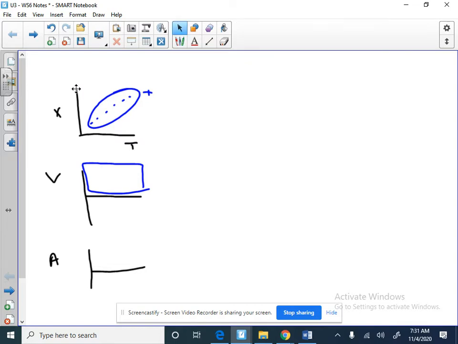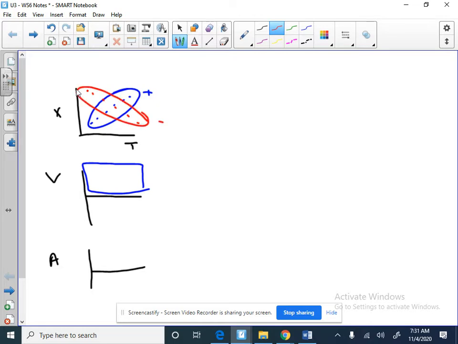Anything that has a slope that goes in this general direction would be negative, and because it's negative, its direction is to the left or towards the motion detector, or depending on whatever the situation is, it's just going in a negative direction. So you'd have to graph its velocity below the x-axis.